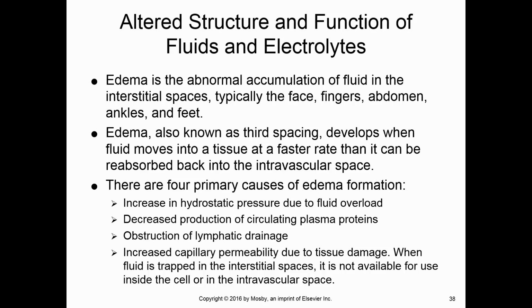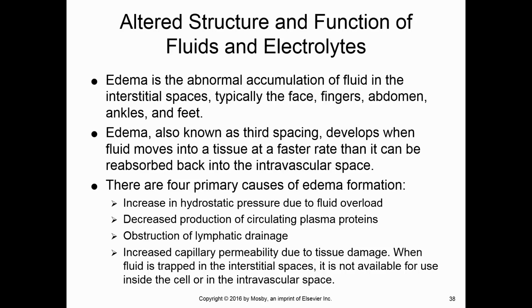So for causes of edema, we have an increase in hydrostatic pressure due to a fluid volume overload. We have a decreased production of the circulating plasma proteins, or we're losing plasma proteins for some reason. Remember I said the plasma proteins like albumin is what circulates in our plasma, and it holds the water in our plasma.